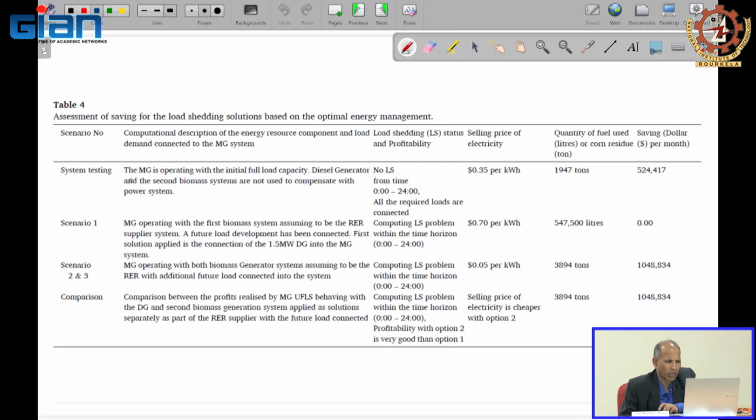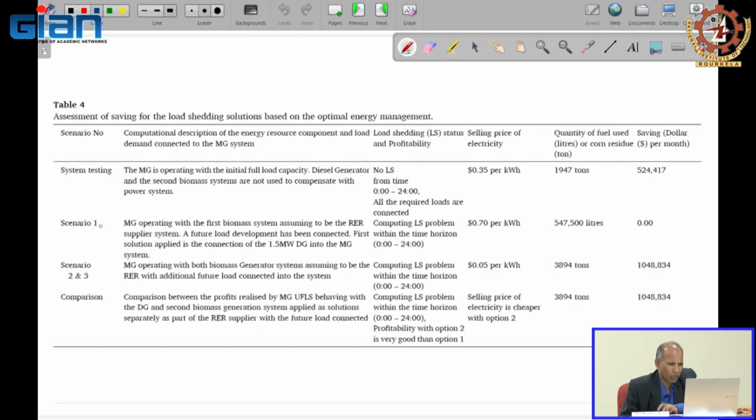In the first scenario, the microgrid is operating with the initial full load capacity, and the diesel generator and the second biomass are not used to compensate the power system. So there is basically no load shedding.